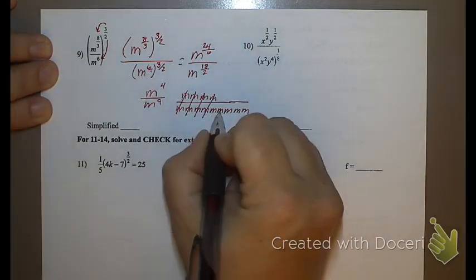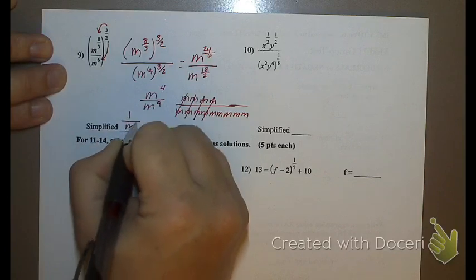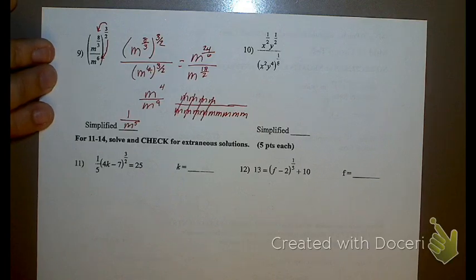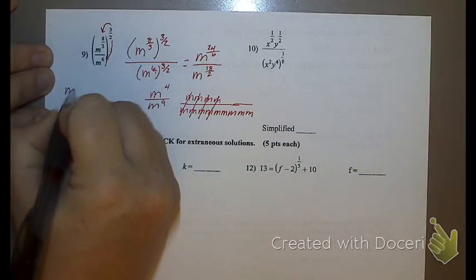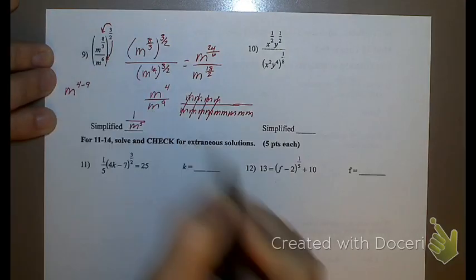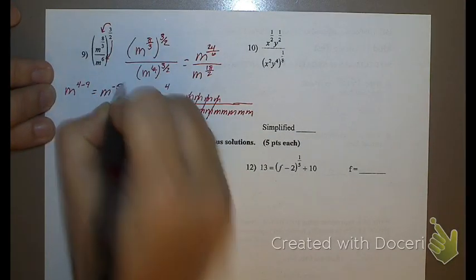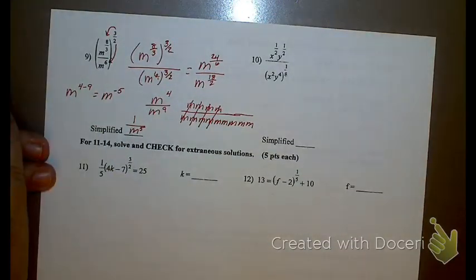I have 1, 2, 3, 4, 5 on the bottom left. Or I could use that subtraction rule where m to the 4th over m to the 9th becomes m to the 4 minus 9. Remember, you do top minus bottom, which leaves you with m to the negative 5th. And then how do you write m to the negative 5th? You write it like this.